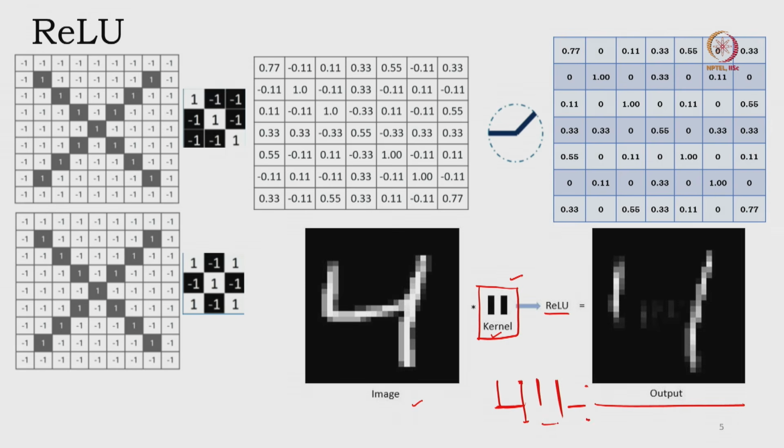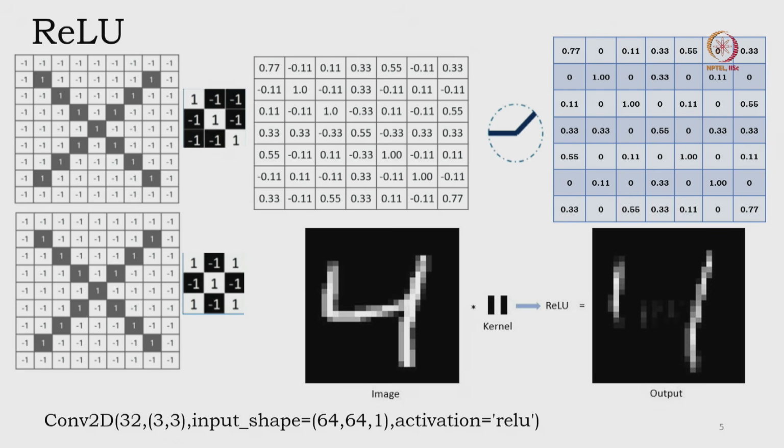When you combine this portion with this portion, is it not that we get something like 4? Something like this we are going to obtain. So, what is ReLU? In short, before we move to the next one, it is going to convert all negatives to 0, right?